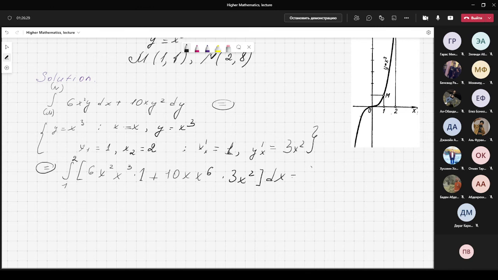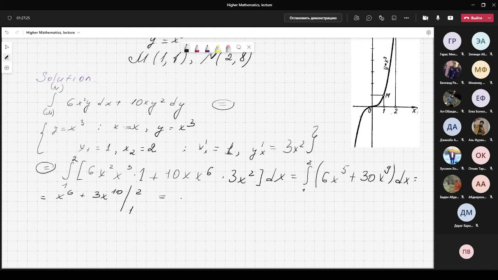Equals the integral from 1 to 2 of 6x to the power of 5 plus 13x to the power of 9 dx, equals x to the power of 6 plus 3x to the power of 10 from 1 to 2.